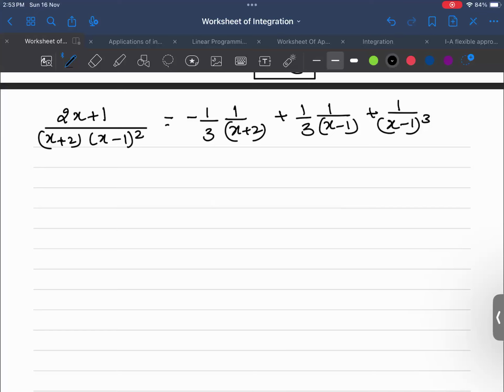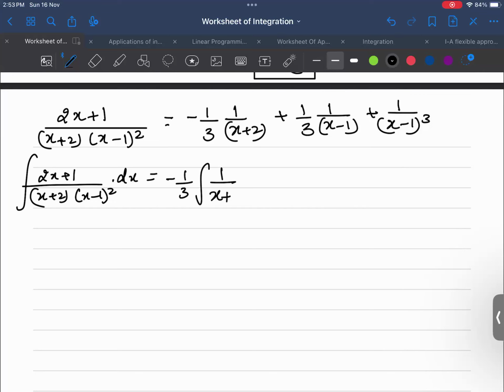Then we have to integrate. Integration with respect to dx. It would be minus 1 upon 3 integration of 1 upon x plus 2 with respect to dx, plus 1 upon 3 integration 1 upon x minus 1 with respect to dx, plus integration 1 upon x minus 1 whole square.